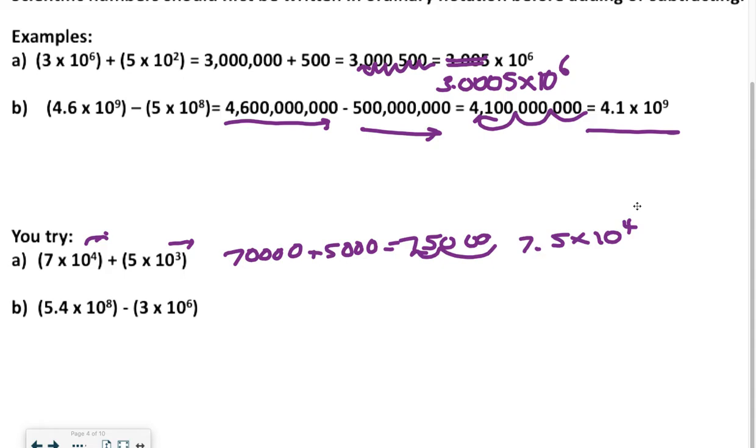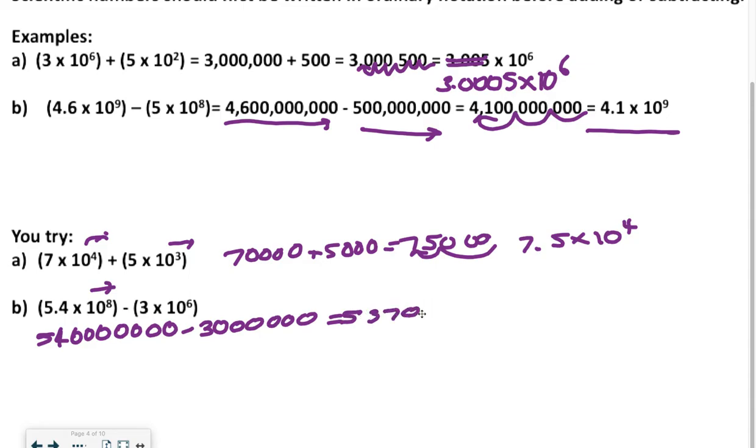The next one, so this is going to move me out 8 to the right. So 5, 1, 2, 3, 4, 5, 6, 7, 8. This is going to be 6 to the right. So 1, 2, 3, 4, 5, 6. When you combine those, you get 5, 3, 7. And you can use your calculator for that.